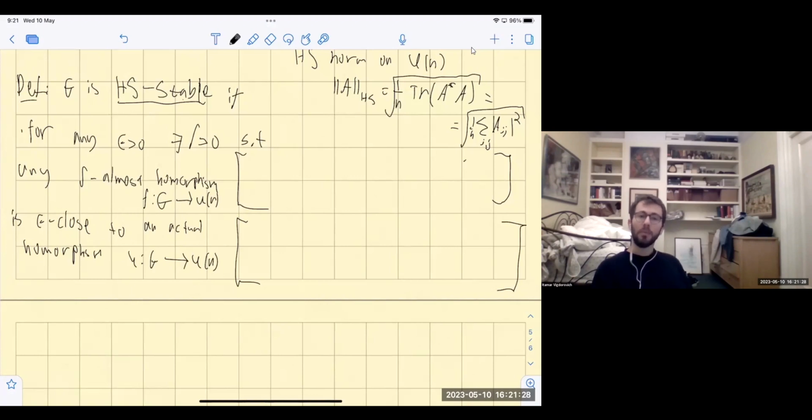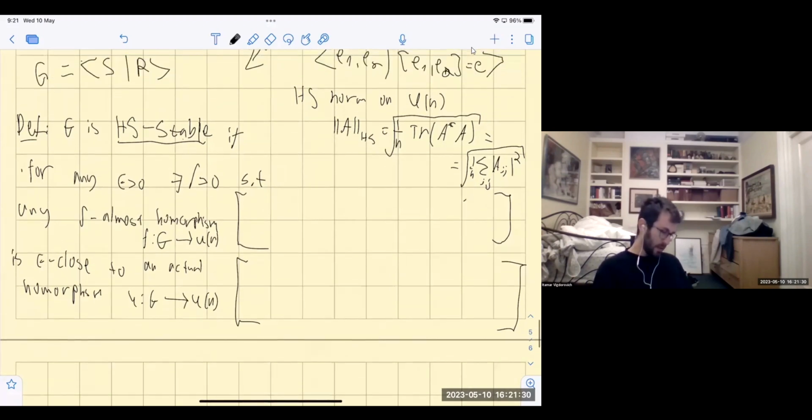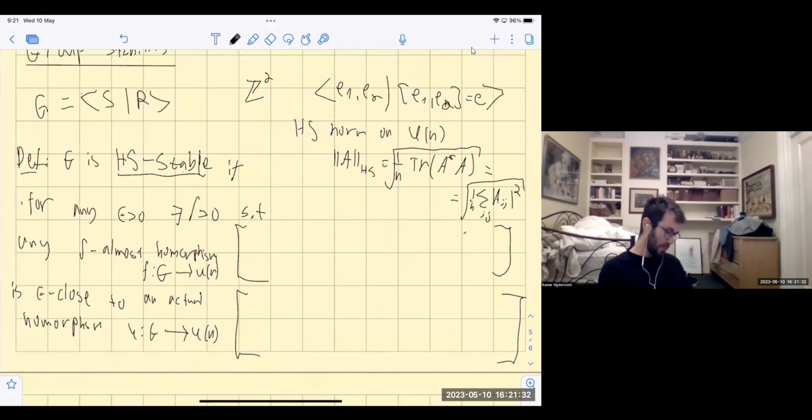So what is a delta almost homomorphism? So what is a homomorphism? Sorry, this is not from G, it's from S, from the generators. When I have a group that is generated by a set S, it's enough to specify for a homomorphism what it does to the generators.